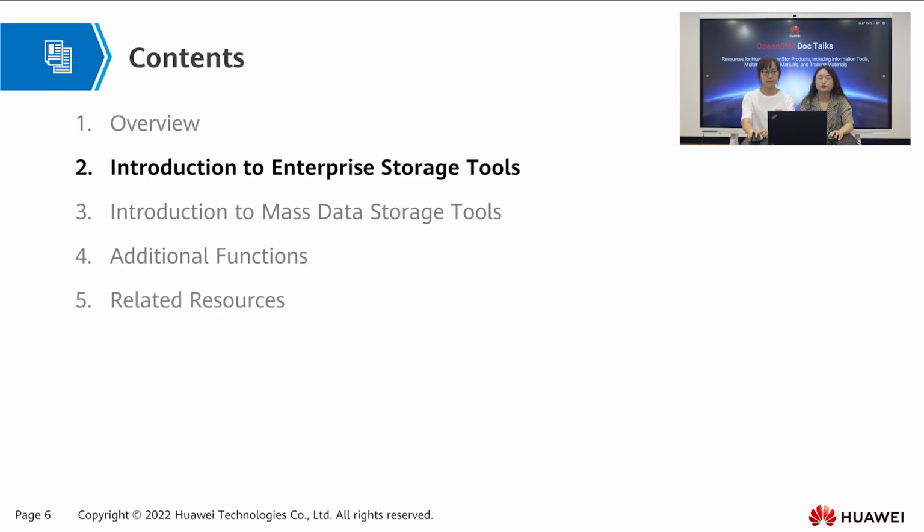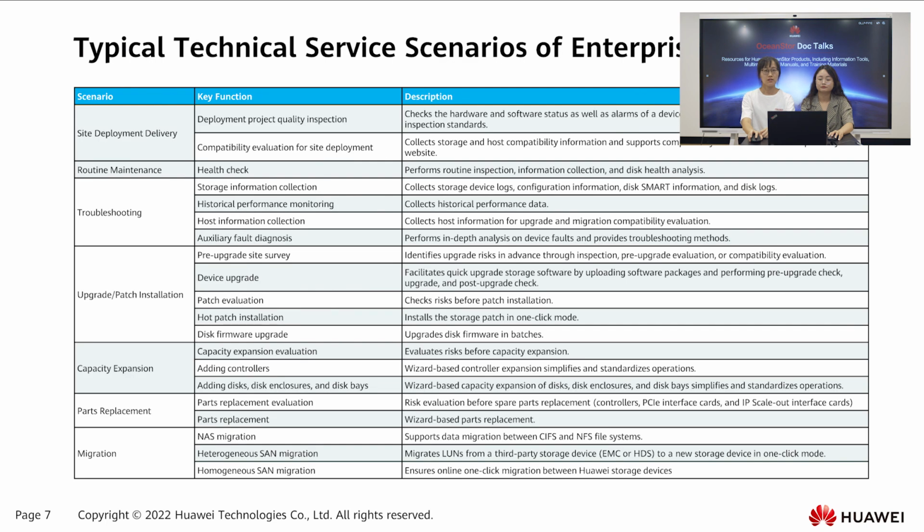Before we look at the tools by product, let's discuss how to use enterprise storage tools. This is a list of enterprise storage tools and related capabilities needed for routine O&M and change operations. Site deployment, delivery, routine maintenance, replacement, and migration cover the entire life cycle of enterprise storage.